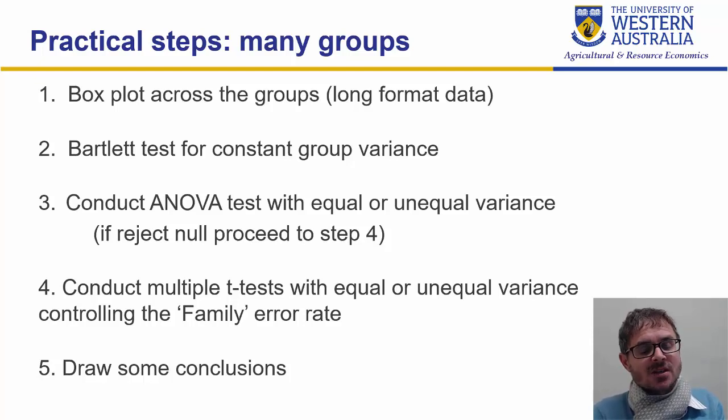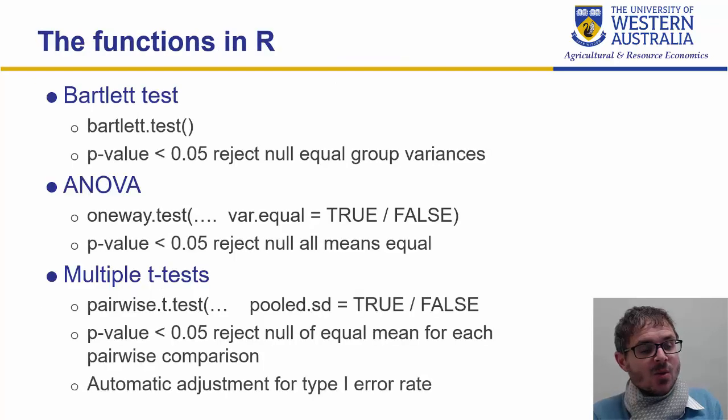I'm not really focusing on drawing the conclusions at this stage, but on making sure that you understand how to conduct the tests. So let's look at what functions in R we use. We use the Bartlett test to test for constant variance. We use the oneway.test function to establish whether to conduct the ANOVA test.